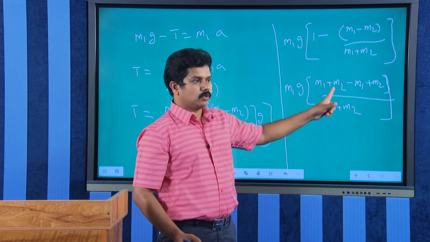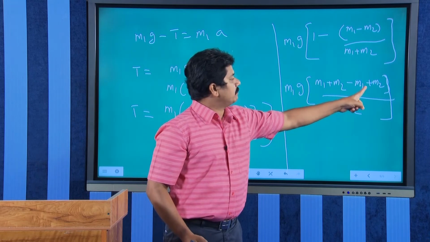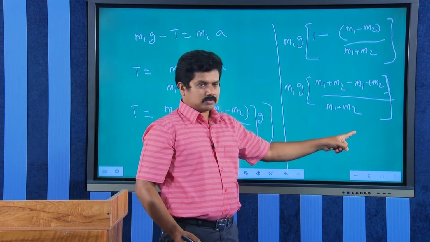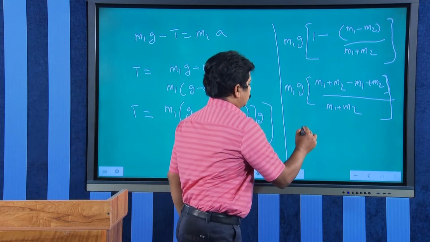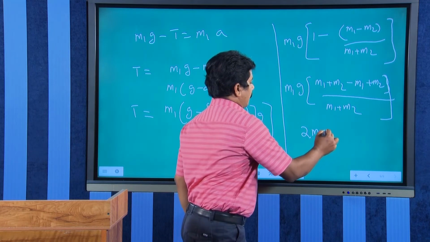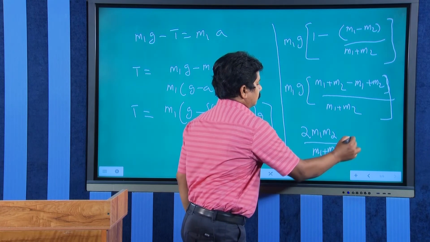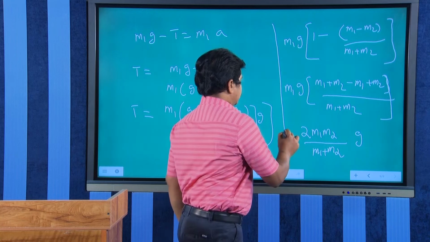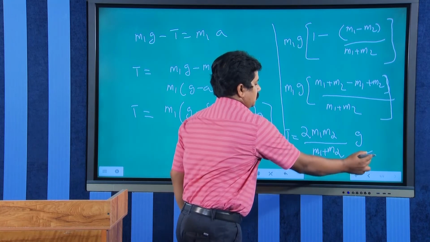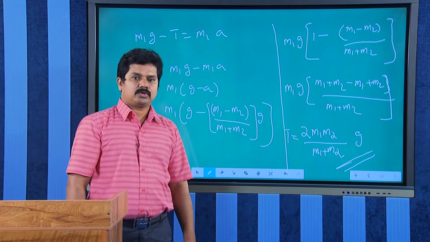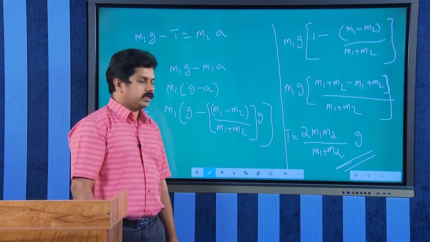In the numerator there will be 2 m2, m2 plus m2, and the denominator m1 plus m2. So, we will get 2 m1 m2 by m1 plus m2 into g. This is the tension in the string.